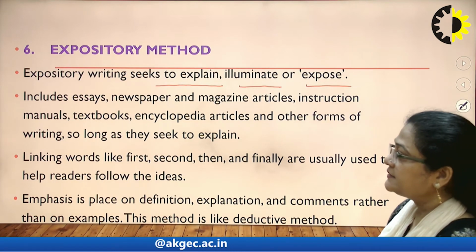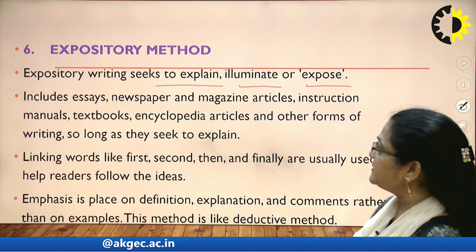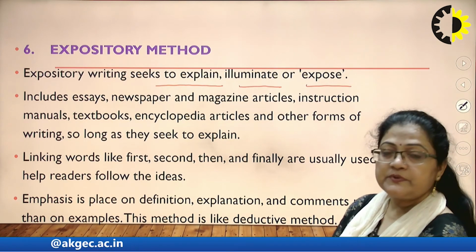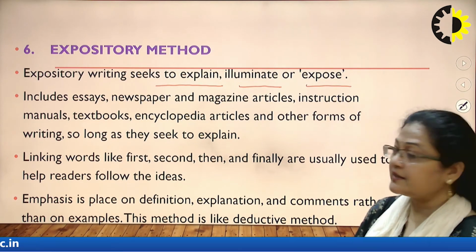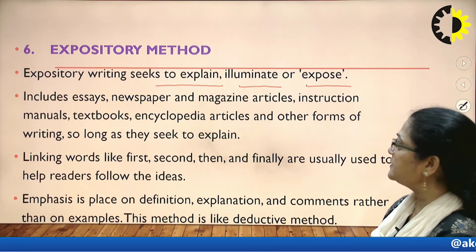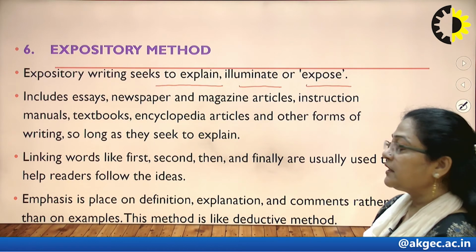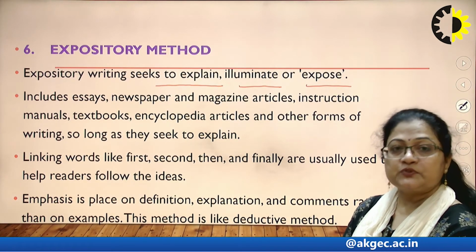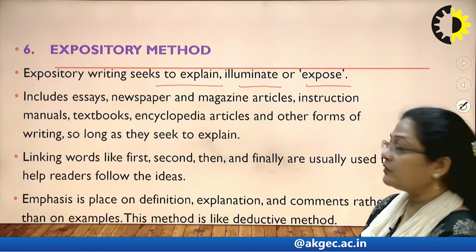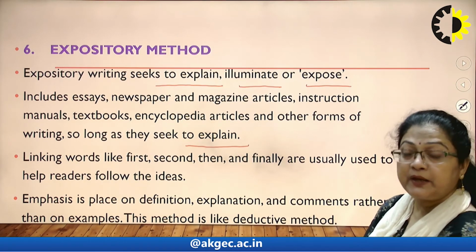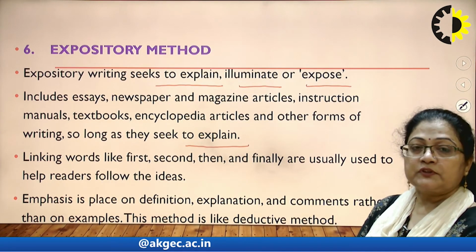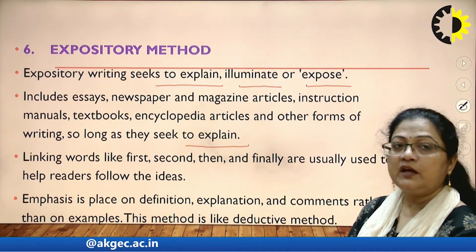Certain writings like essays, newspaper and magazine articles, sometimes instruction manuals or some product details, textbooks, encyclopedia articles and other form of writing relate to this expository method so long as they seek to explain, because things are being explained, put forth for the first time supposedly in front of the reader.